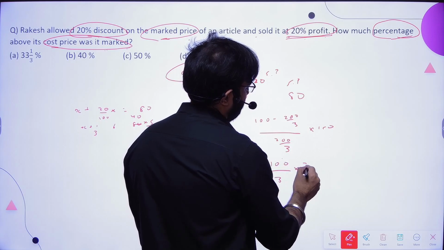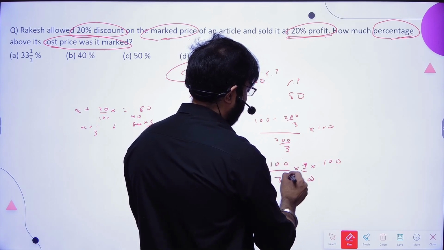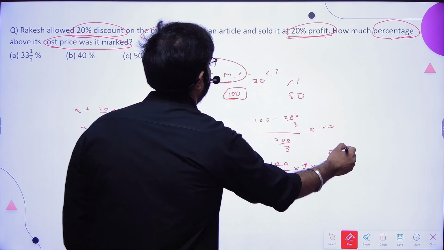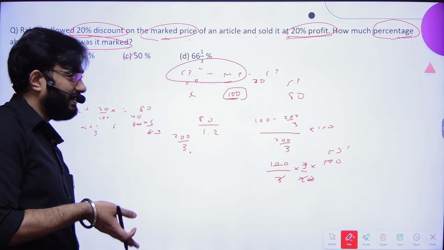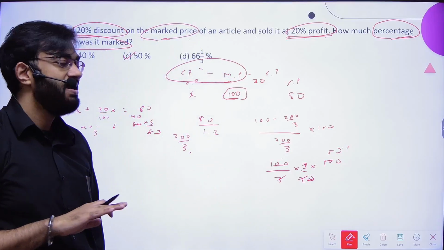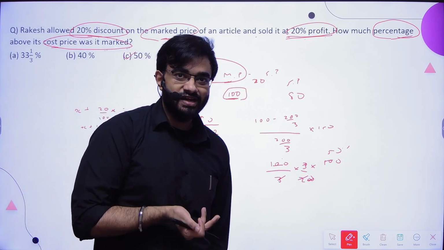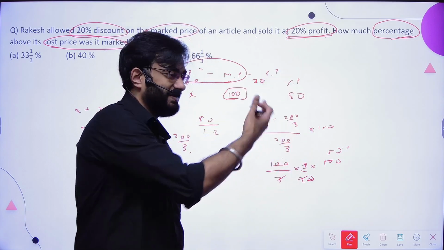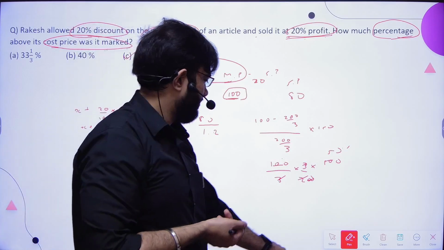So this is 100 by 3 over 200 by 3, and the answer will be 50%. So I hope it is clear by now. Obviously, in the comments, you can write if my writing is not clear or you are unable to understand. But even if my writing is not clear, it is an advantage for you. It gives you an incentive to solve the question by your own means.